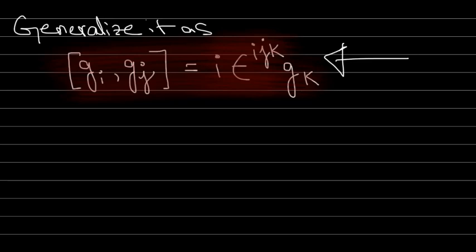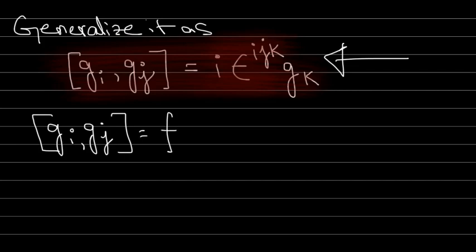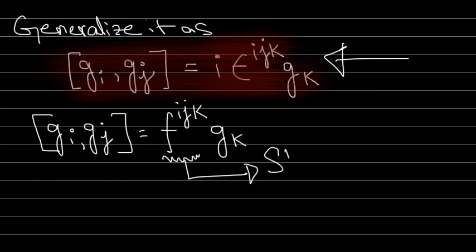Okay. Now, for almost any of the groups, we can write the Lie algebra as the commutator of G_i, G_j is equal to some f_ijk times G_k, where this f_ijk is known as the structure constants of the group, right?